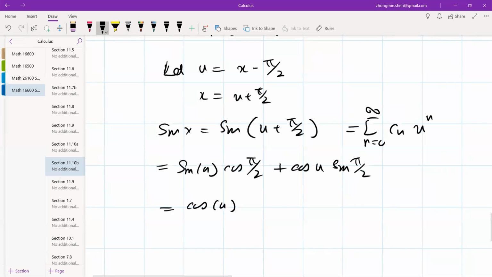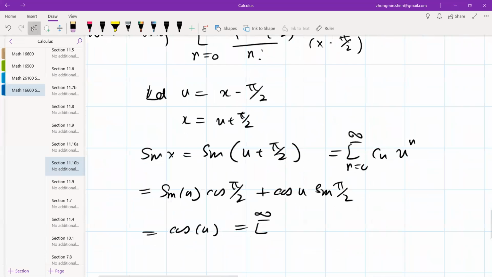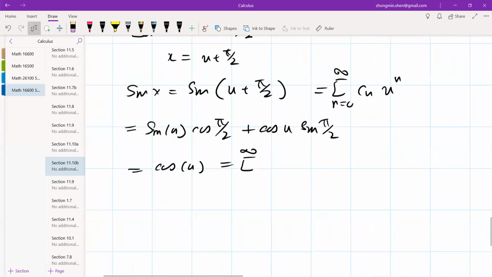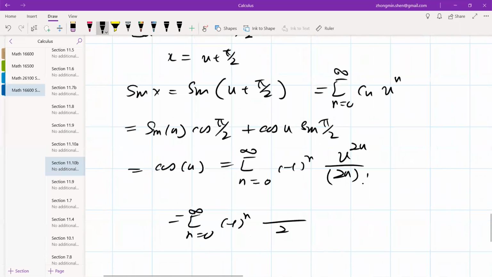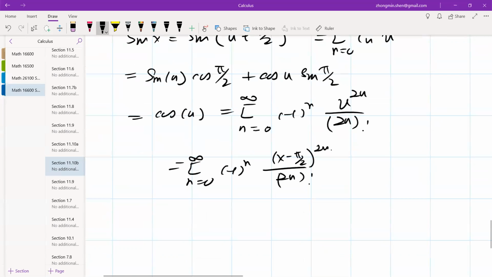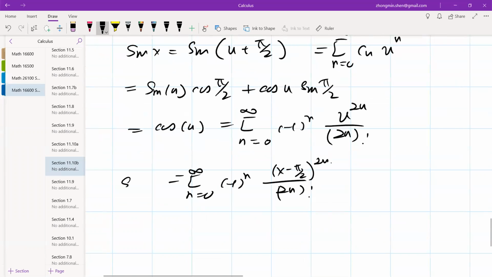I already know the series for cosine, so it's the sum for n starting from 0 of negative 1 to the n, u to the 2n over 2n factorial, with u being x minus pi over 2. There's no restriction on x, because this holds for all x.